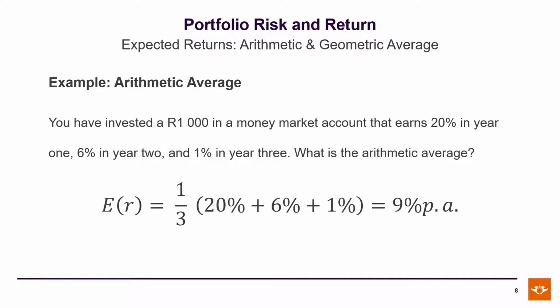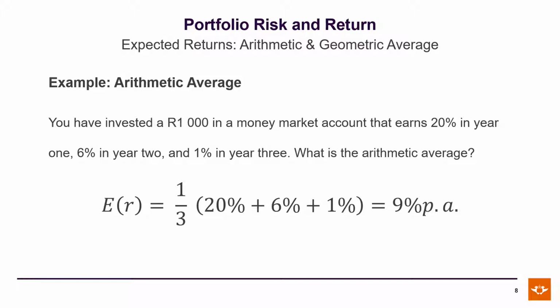It's taking the 20% plus 6% plus the 1%, dividing it by the 3 years that you've invested the money in, and you end up with an average of 9% per annum. And the way you interpret this is looking forward. If you continue to invest your money in the money market account, you can expect to earn 9% per annum on average.